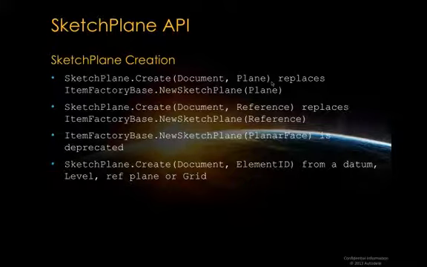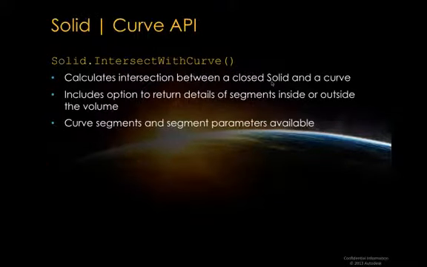Sketchplane creation has also moved away from the creation document and the item factory base object to static create methods on the sketchplane class. A new intersection method enables the calculation of an intersection of a curve with a solid.